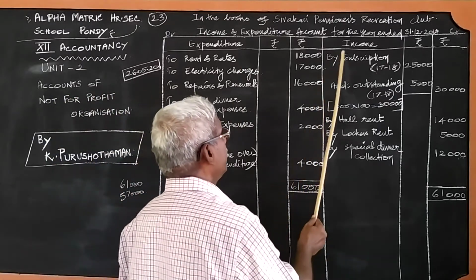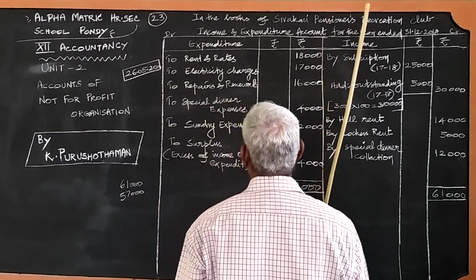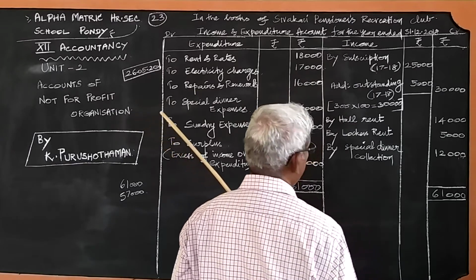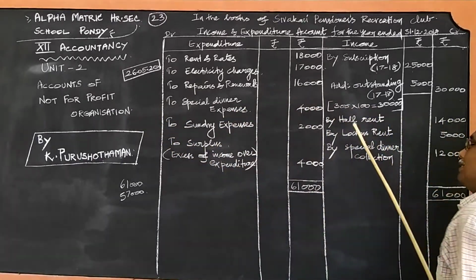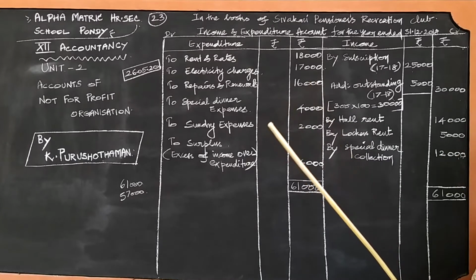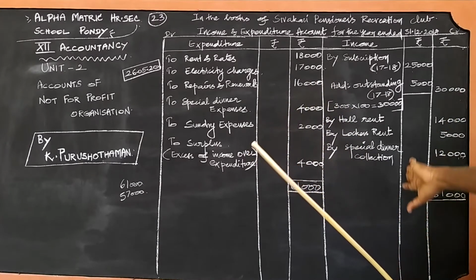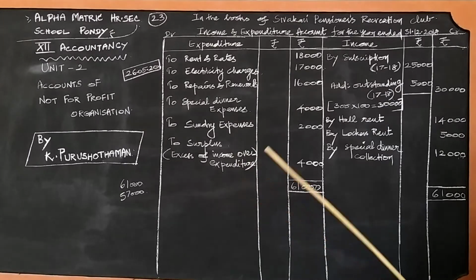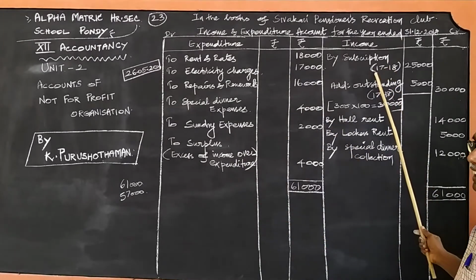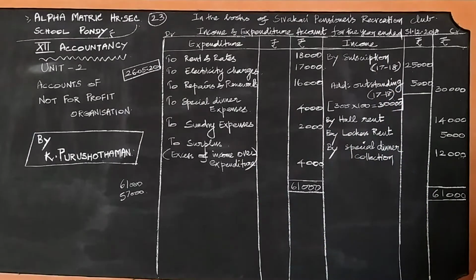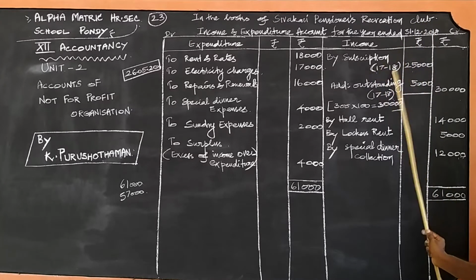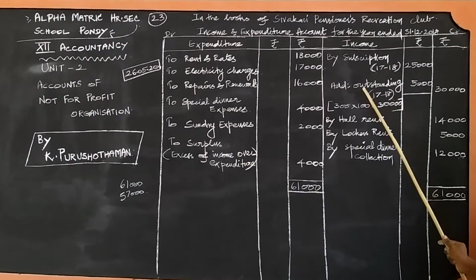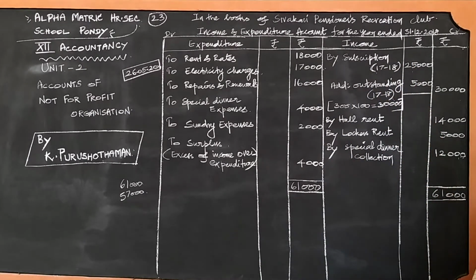And likewise here, income side, when you look at the receipt side in the given problem, subscription is an important item because we should leave both brought down and carried down, we should not consider. So, we take the item subscription for this accounting year 17-18, which is 25,000. Why have I written add outstanding 5,000?